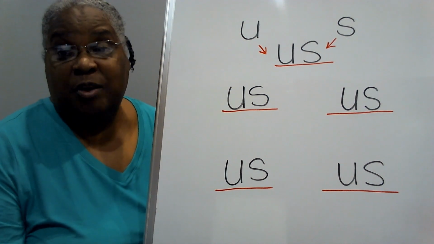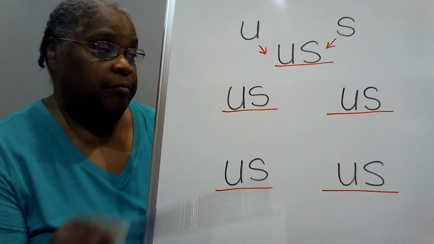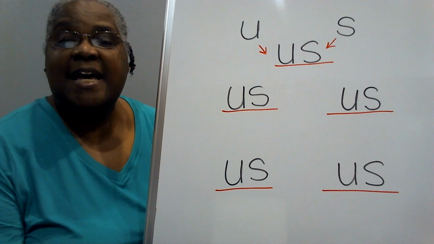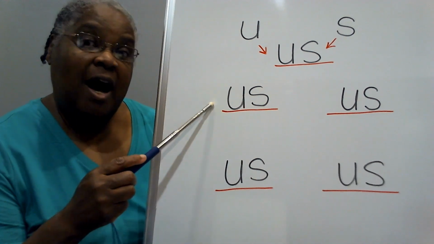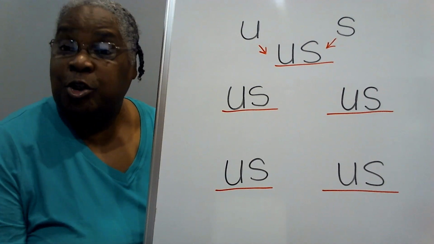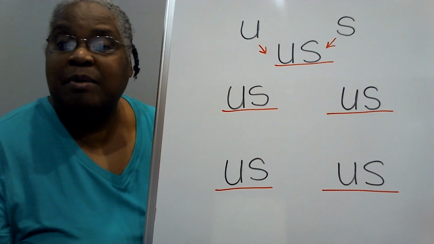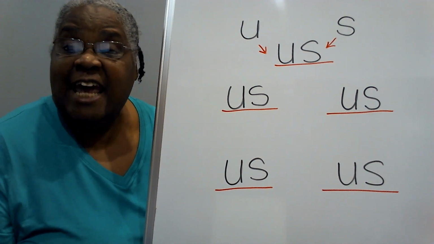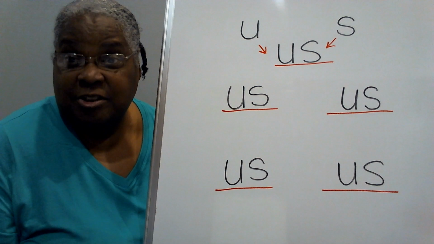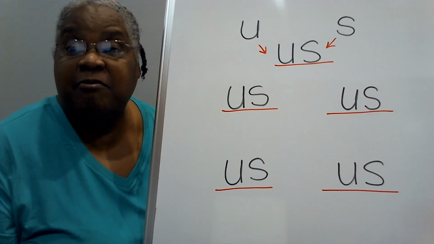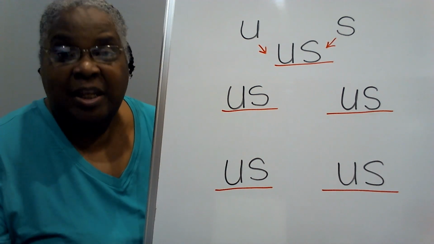Another thing that is special about the standalone word us is that the word us can be used as a blend that can be put at the end of other consonant letters to form new words that have their own new meaning.